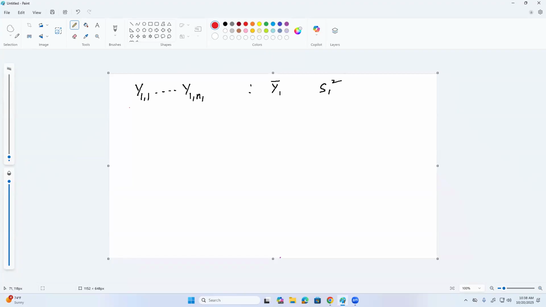You have several such groups, 4 groups, up to Y41 and S4 squared. The underlying means are mu1, mu2, up to mu4, and the underlying population variances are sigma squared, and they are the same. This has been our setup.